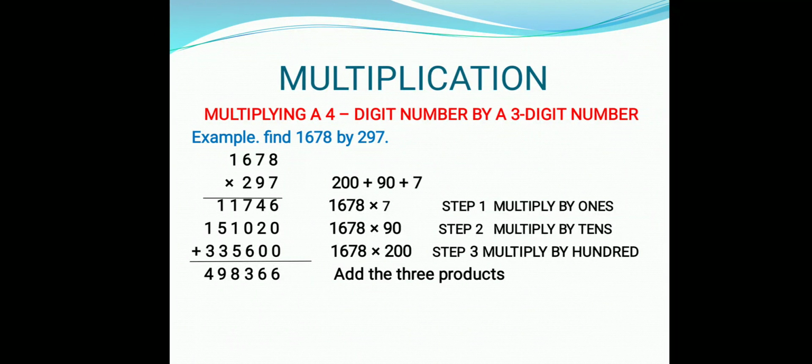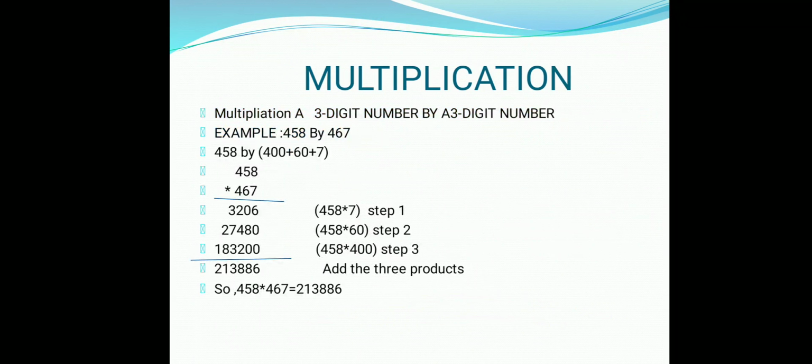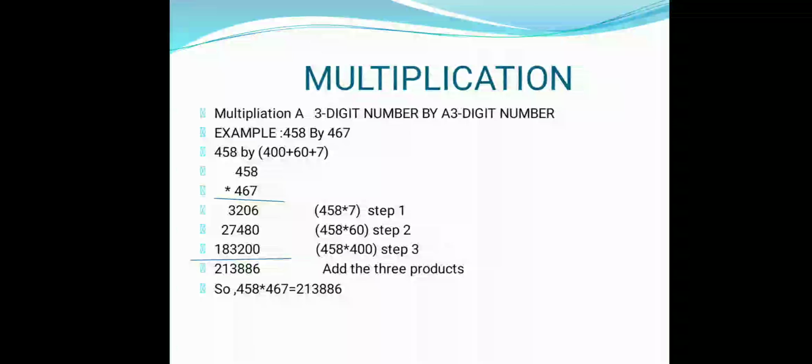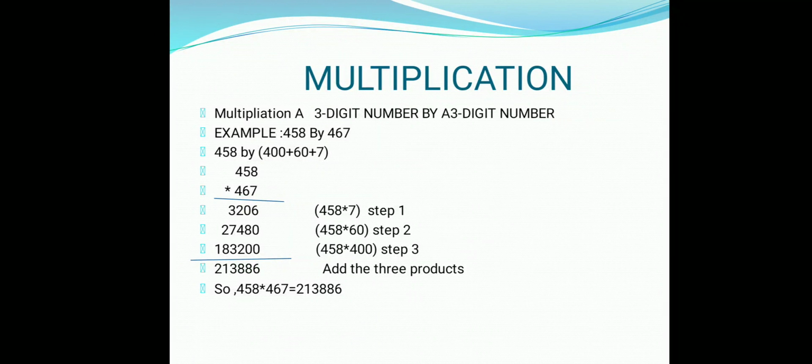Now let's see an example of 3-digit number with a 3-digit number. For example, 458 into 467. Step 1.